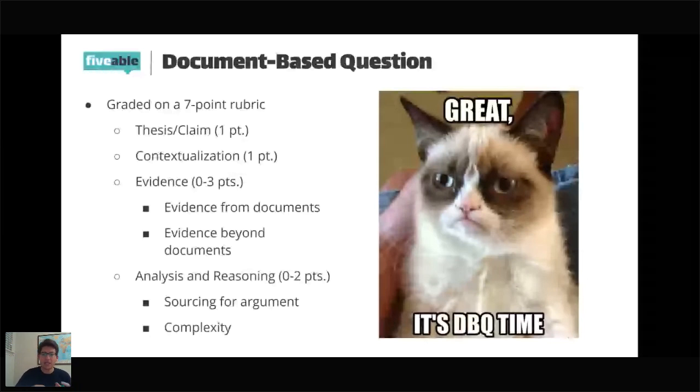Have you identified the changes and continuities? Something along those lines. So there'll be some sort of complexity in the argument, a theme throughout your paper. That would probably be the hardest point to get on this essay, because it's a very high level skill it's meant to be. But this essay is certainly accessible if you are practicing it during the year.